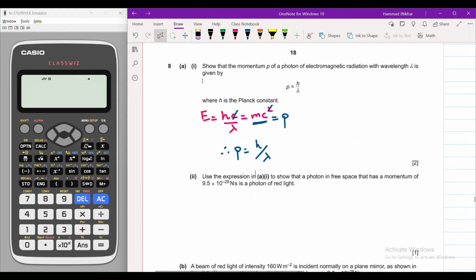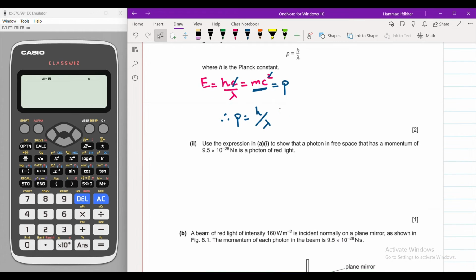Use the expression in A1 to show that a photon in free space that has a momentum of 9.5 times 10 to the power minus 28 is a photon of red light. Red is somewhere around 700 nanometers of wavelength.